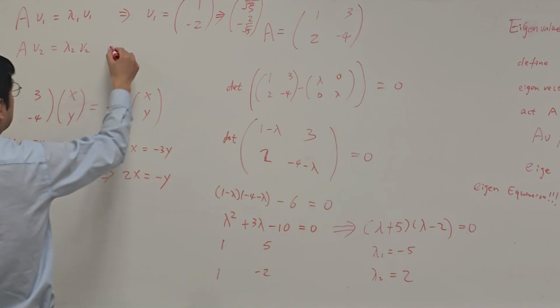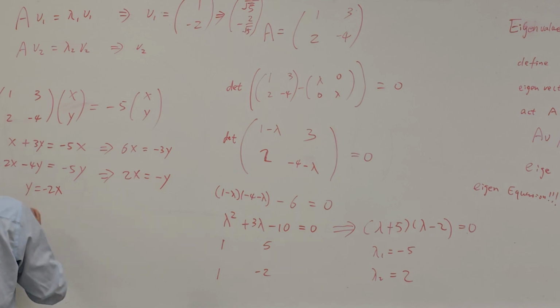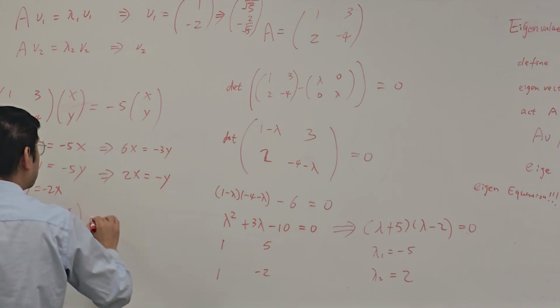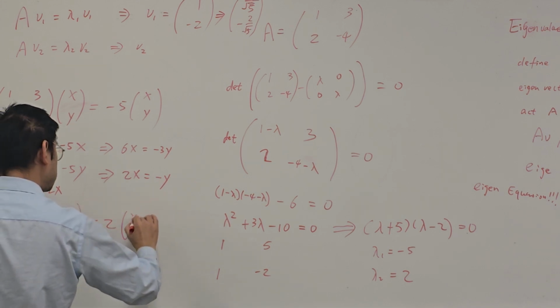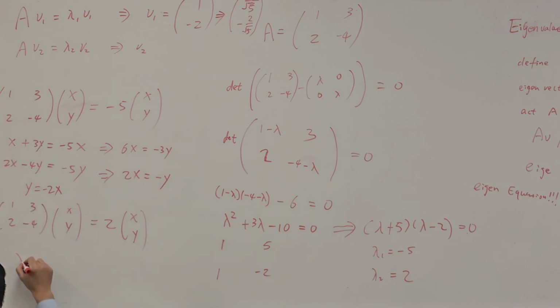Let's try to find what is for lambda 2. The matrix 1, 3, 2, minus 4 times (x, y) equals 2 times (x, y). So the equation becomes x plus 3y equals 2x, and 2x minus 4y equals 2y.